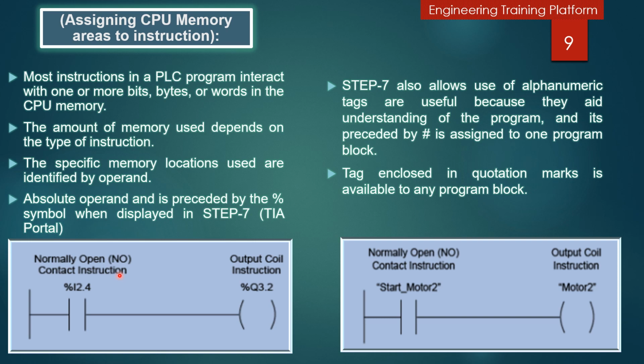For example, a normally open contact instruction might have a tag such as start motor 1 to indicate that it is being controlled by the start push button for motor 1, or an output coil instruction might have a tag such as motor 2 to indicate that it is controlling motor 2.